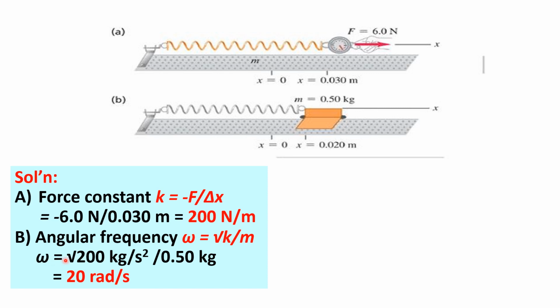Omega is equal to the square root of 200 kilogram per second squared, since instead of Newton per meter, we can also express the force constant in terms of kilogram per second squared, divided by the mass 0.50 kilogram. With the help of your calculator, we can determine the value of the angular frequency omega, expressed in radian per second. This is our answer. Omega is equal to 20 rad per second.